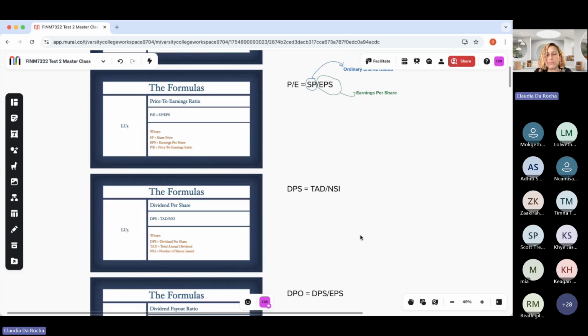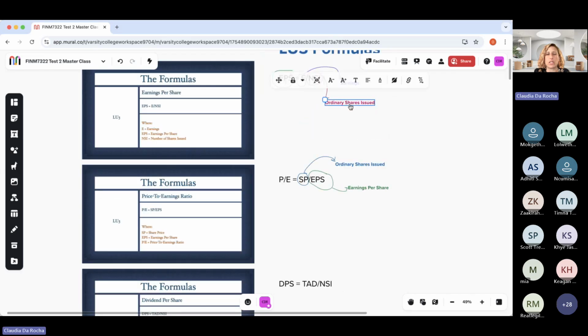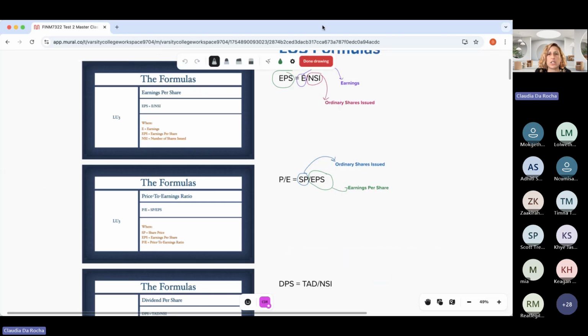Right, then dividend per share: total annual dividend divided by your ordinary shares issued. Okay, so it's the same as this at the top here. I'm just going to highlight it with the same color. So this is the same as this one here, same amount.